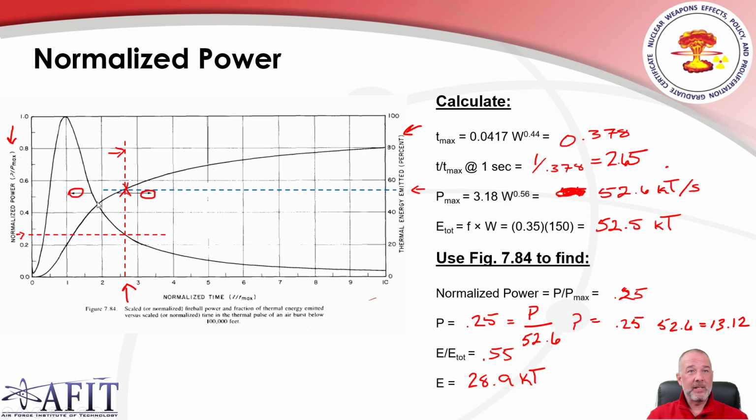So instantaneous power is quite high at the very early stages, but drops off rather rapidly, which correlates to a rise in energy being produced very quickly at earlier times, and then sort of tapering off and not gaining a whole lot as you move into further times away from the moment of detonation.